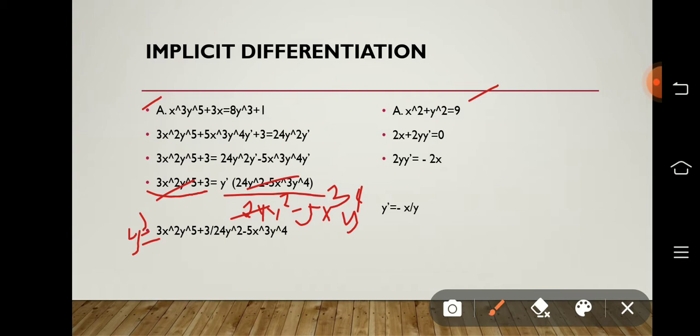Transfer the x. To get the answer, y prime equals negative x over y, we divide both sides by 2y, then cancel out. So the remainder is y prime equals negative x over y. So this is the final answer.